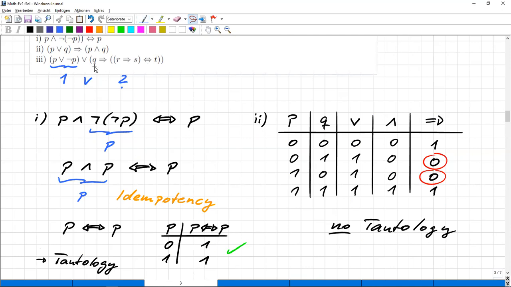It says Q implies, and then parentheses around means Q implies this whole expression, which is equivalence between R implies S and T. So first of all, we have Q, R, S, T. We have 4 more new logical variables, and we have no idea how this connection should take place if T is totally independent of the others.